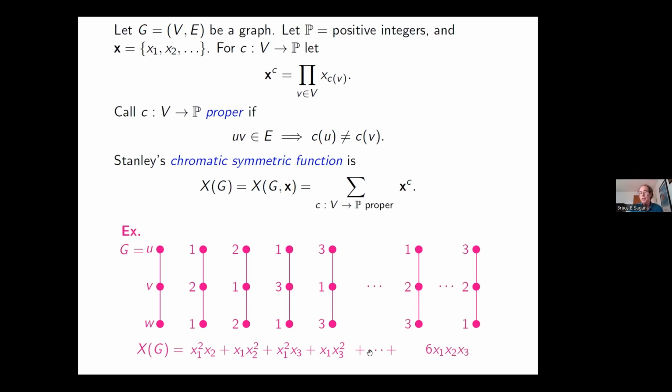And if I use the colors 1, 2, and 3, they're all going to give us the monomial x1 x2 x3. And then by exactly the same argument, if I use the colors 1, 2, 4, or 5, 700, and 2000, it doesn't matter. You're still going to get all things of the form 6 times x_i x_j x_k, where i, j, k are different.